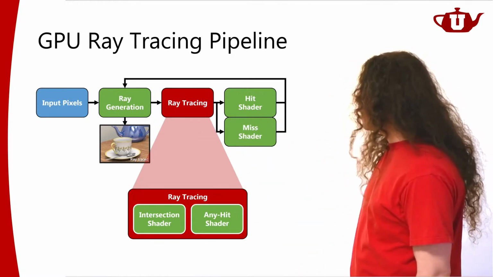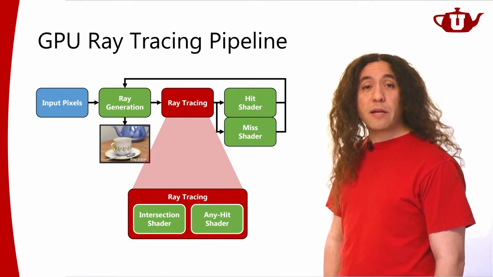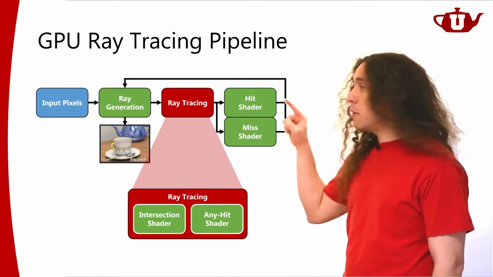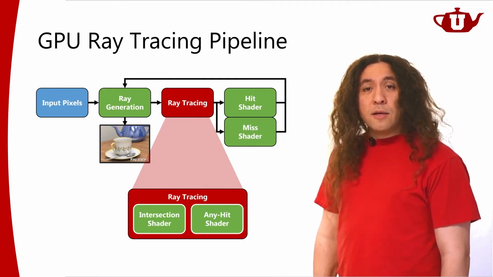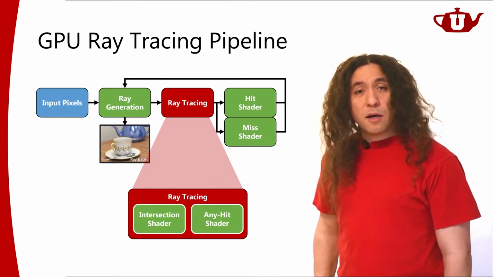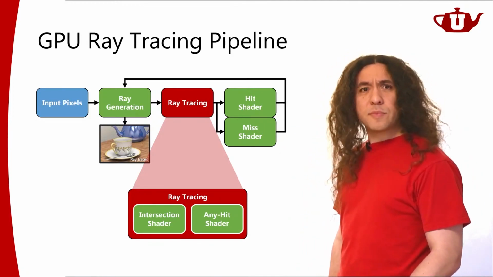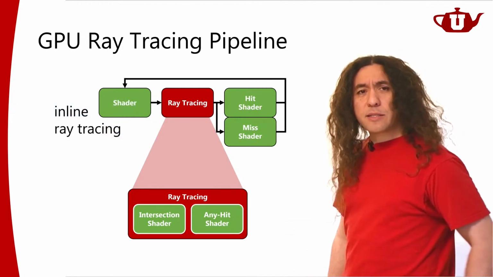So basically you'll look at it and you see that seems like we have 5 new shaders, right? Ray generation shader, intersection shader, any hit shader, and miss shader. Right. With the new tier of DXR, DirectX ray tracing, tier 1.1, I believe, now we have inline ray tracing.